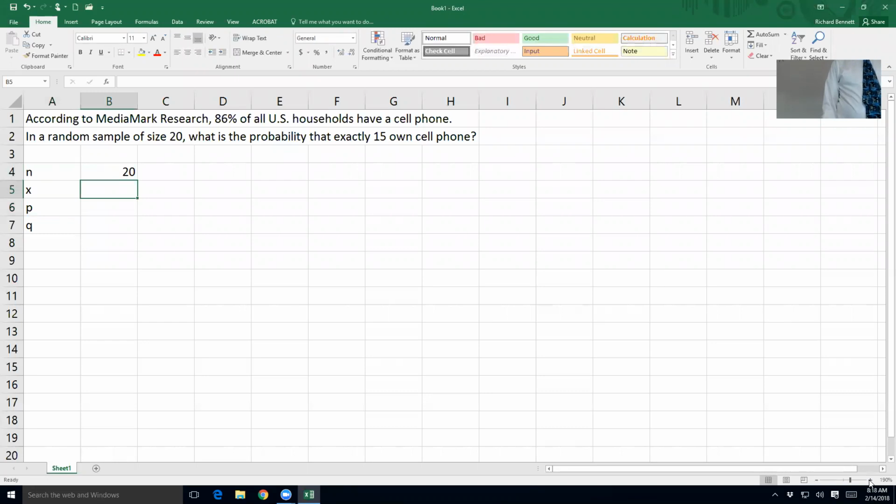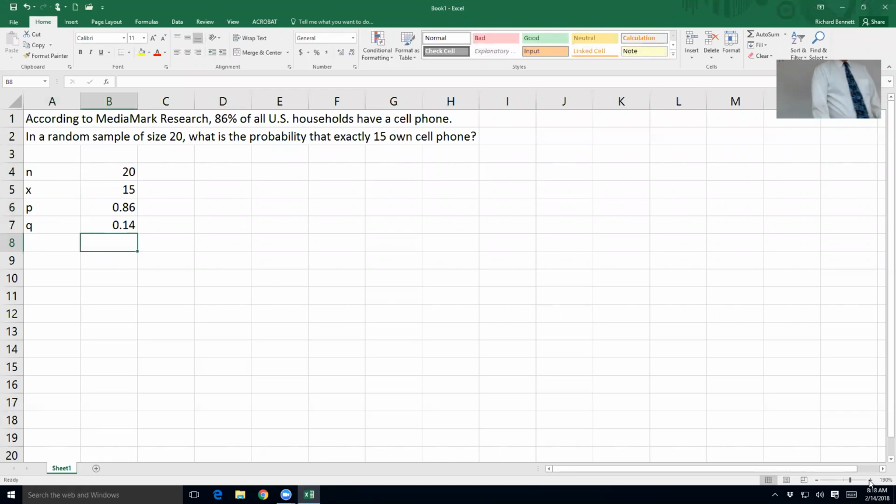My x, 15. My p, 0.86. My q, 1 minus 0.86, which is 0.14. Okay? So I've got everything I need to plug into this formula now.